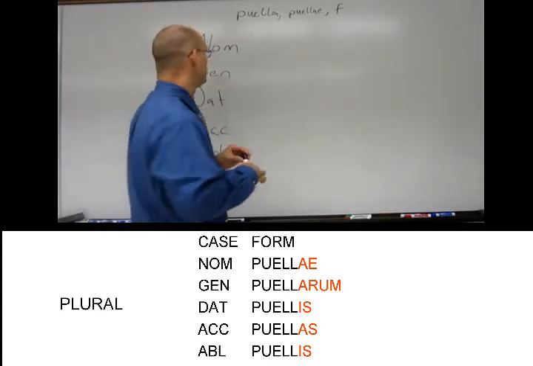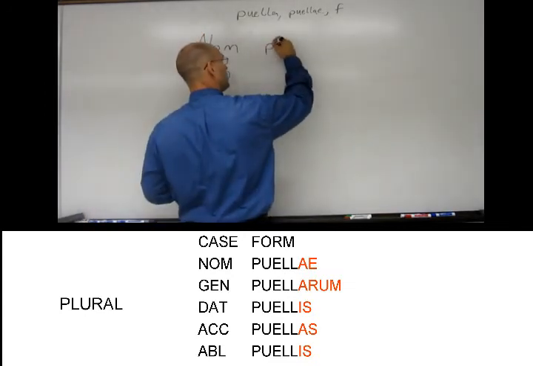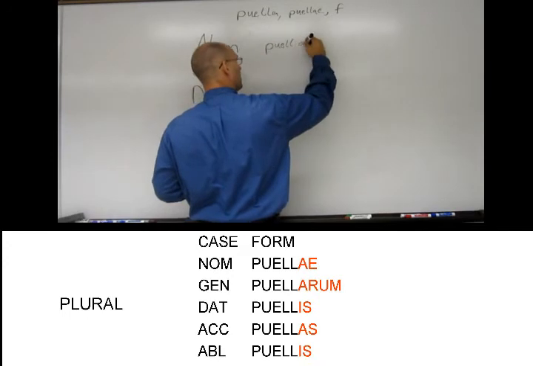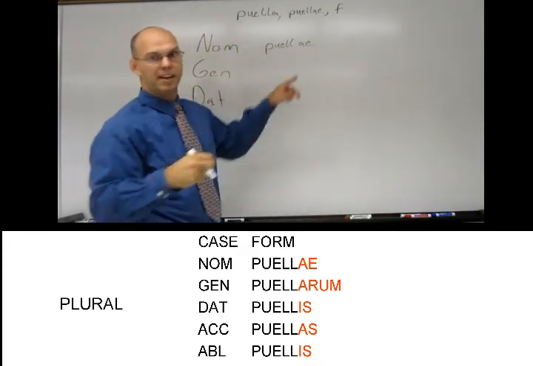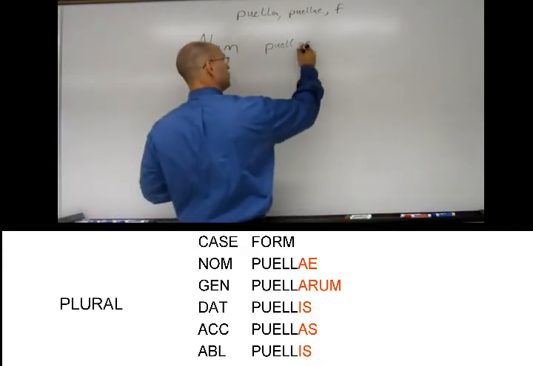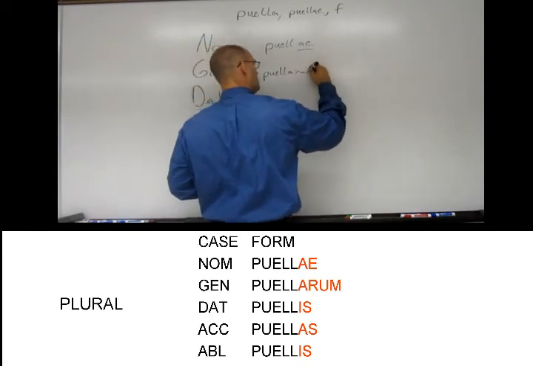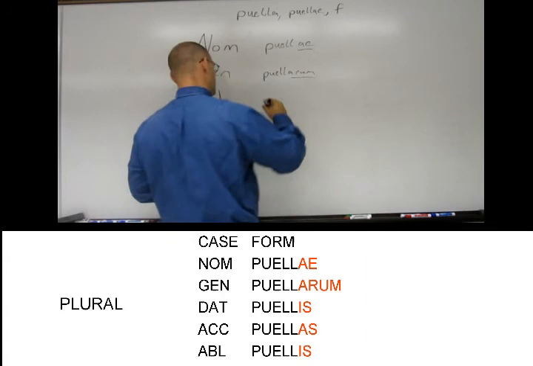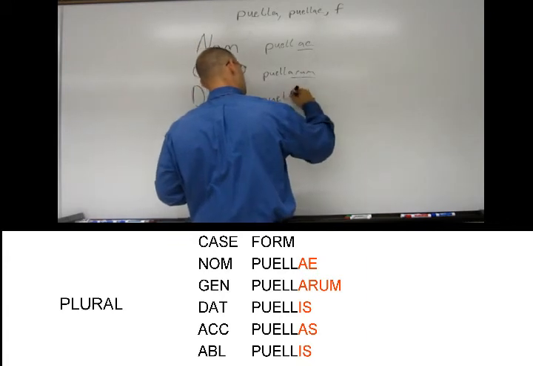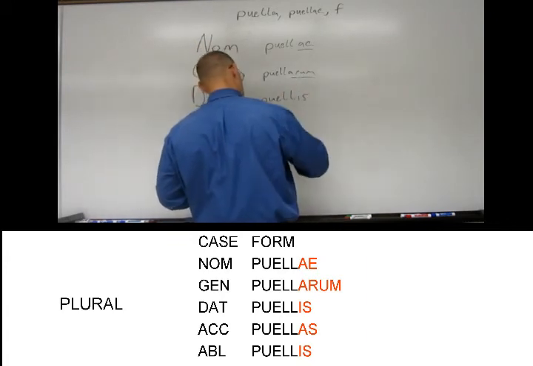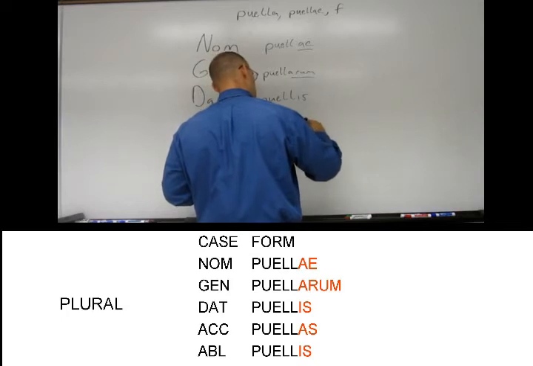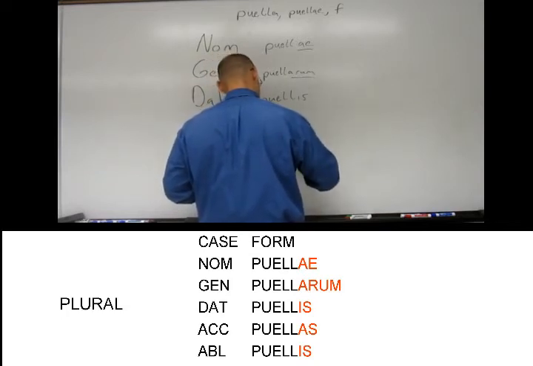So the plural would be puellae, again AE. Then it's puellarum. Then it's puellis, puellas, and then puellis.